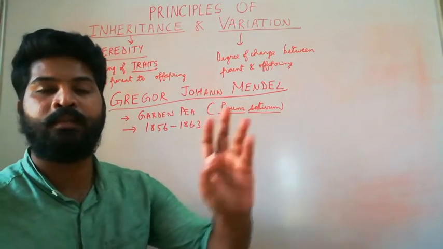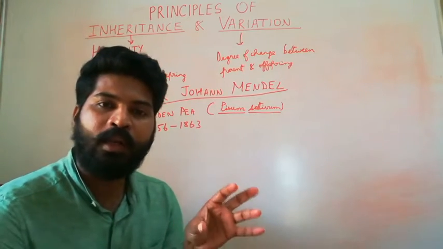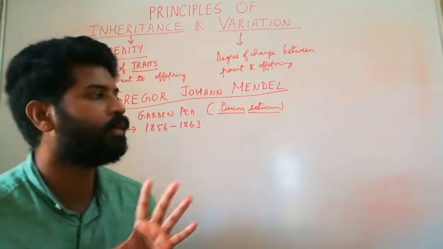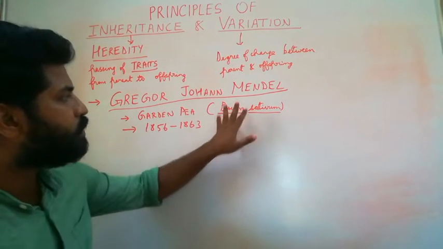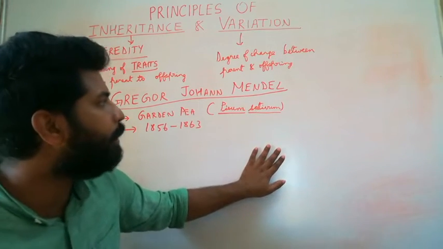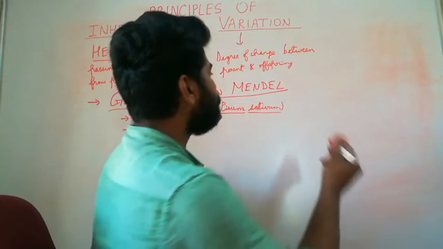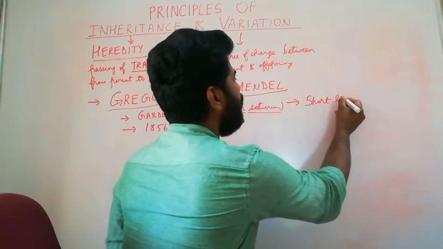How are traits passed from one plant to another plant, and what is the cause of variation? Mendel chose this particular plant for his experiments for a couple of reasons. Number one, they have a relatively short life cycle.